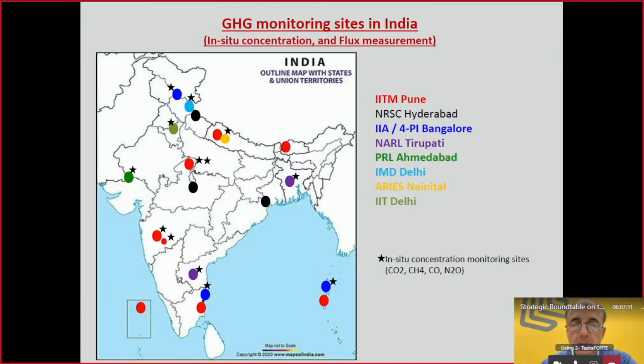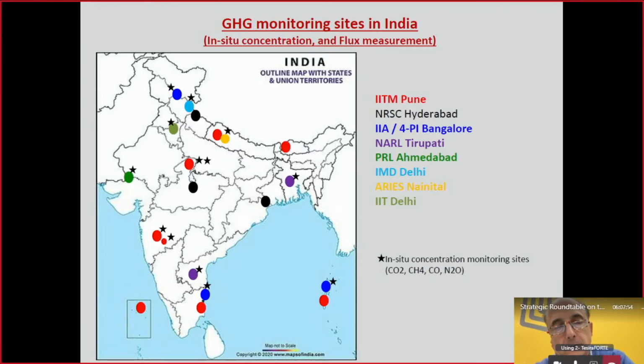And we have 3 sites from IIA, and then 4 PI, that is earlier CMMACS Bangalore, in Hanle. It's a site higher than Mauna Loa, started sometime in 2006, and it is still running. And they have one site in Pondicherry and one in Port Blair.